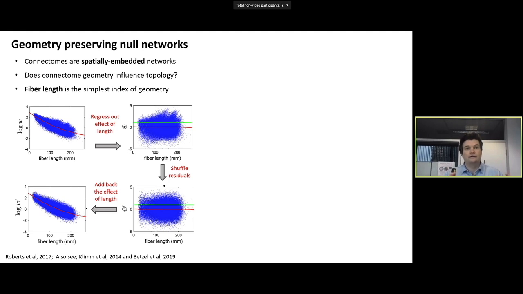Geometry is contextualized in terms of fiber length, the physical distance between pairs of regions. The first step is to regress out this fiber length. We then shuffle the connections and then add the geometry back into the shuffled connections. And this generates a realization, a sample from the null network.